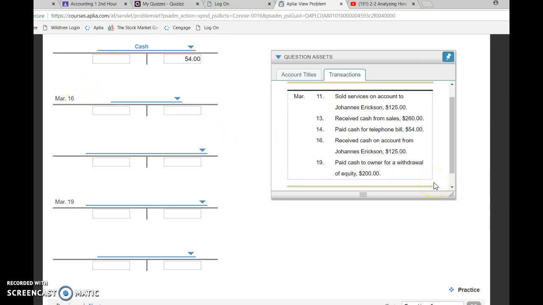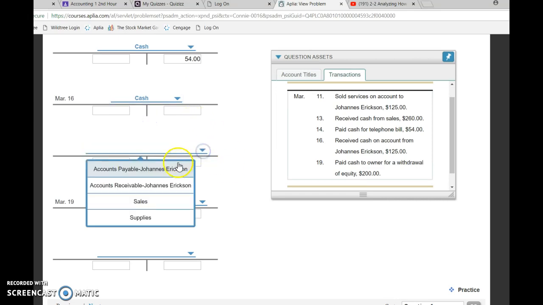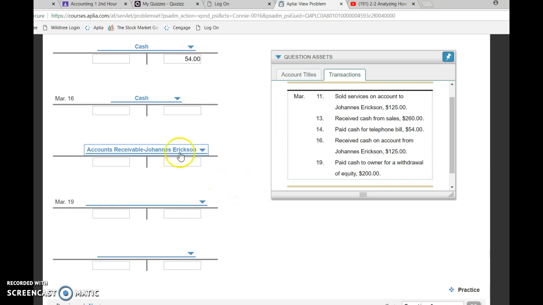Okay, March 16th, received cash on account from Johannes Erickson, $125. Michael. Accounts receivable and cash. No, cash first. Cash is going to go first, and then accounts receivable. Okay, so we have $125 receiving cash. So debit cash, credit accounts receivable.